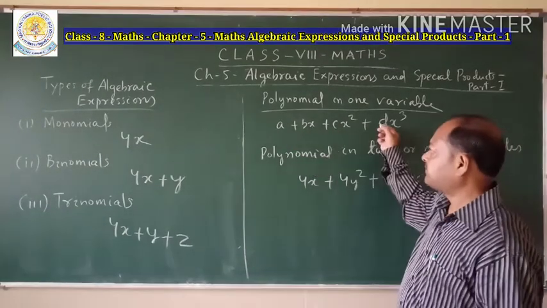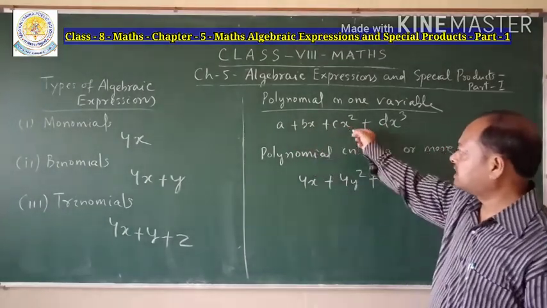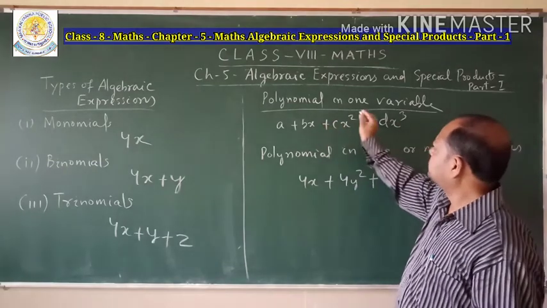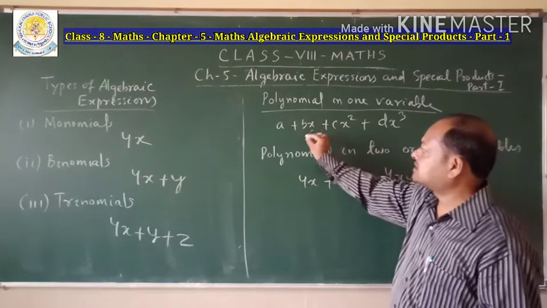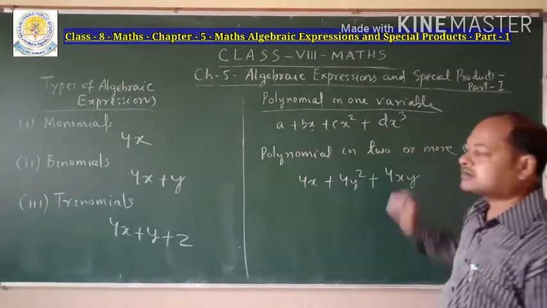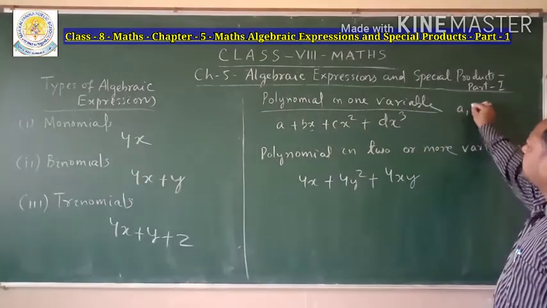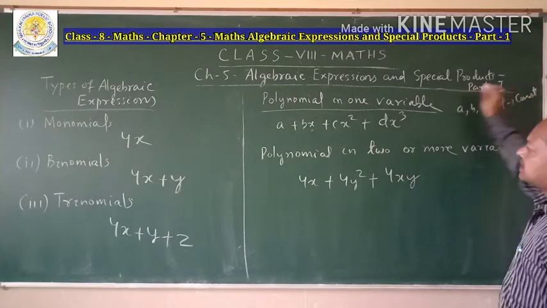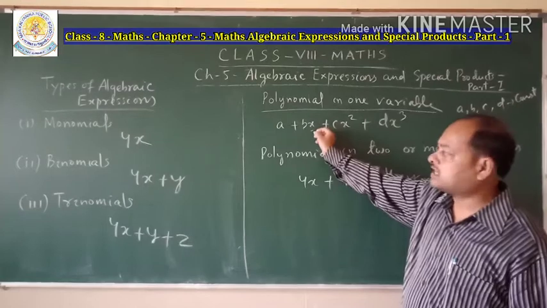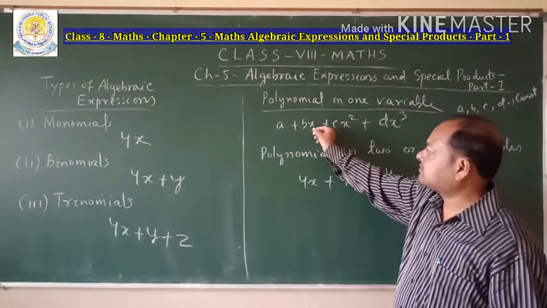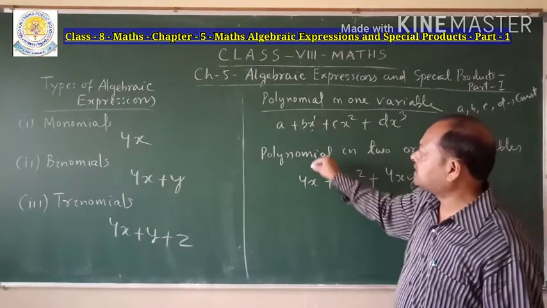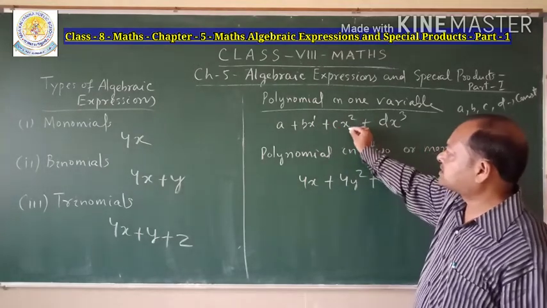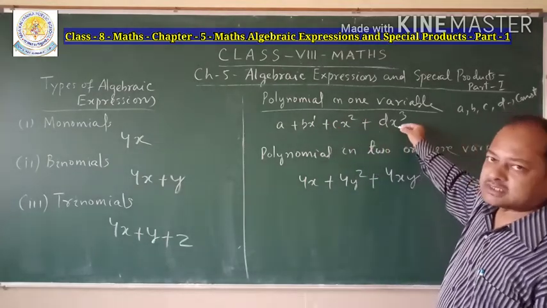In this expression, a plus bx plus cx square plus dx cube, we see that its variable is x, and a, b, c, d are constants. X is the variable here. The power of x is 1 in the first term, nothing written means 1, and the power is 2 here, and here x power is 3.